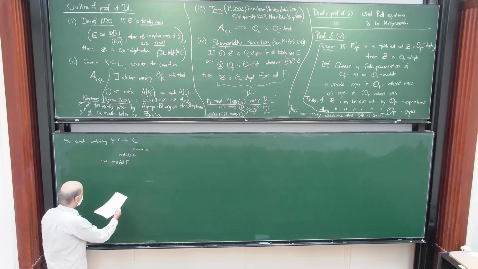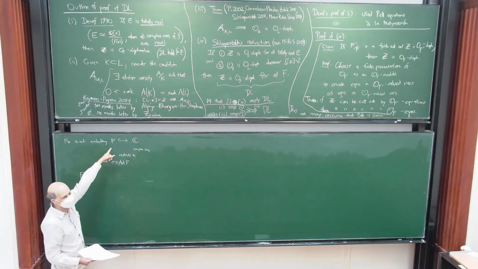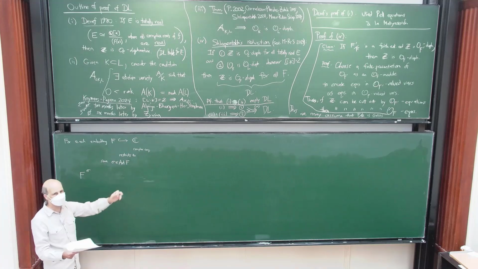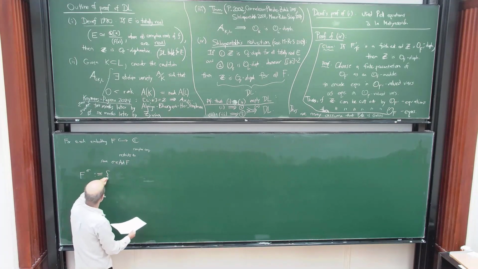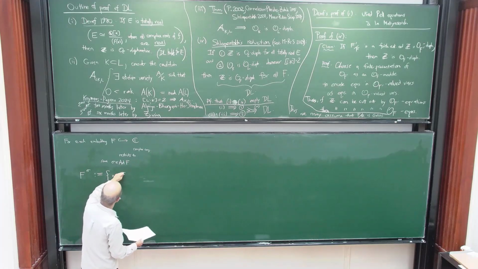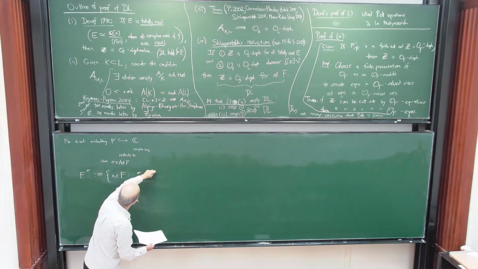And then once you have that, you can look at the fixed field, which is kind of like the real part of F with respect to that embedding. So this is the notation for the fixed field, and this just means it's the set of elements that are fixed by the complex conjugation.